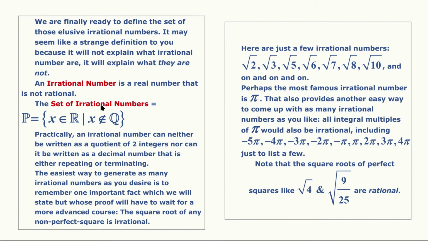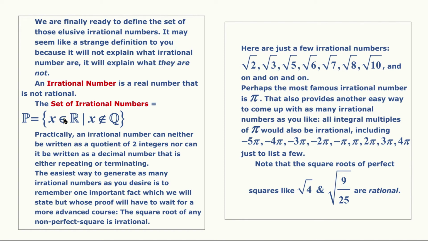So we say the set of irrational numbers P, and I think that's just to set it apart from Q. That's the reason for the notation. It is all the elements of the set of real numbers that are not elements of Q. Remember this little symbol here, it looks like an E, something between an E and a C, right?